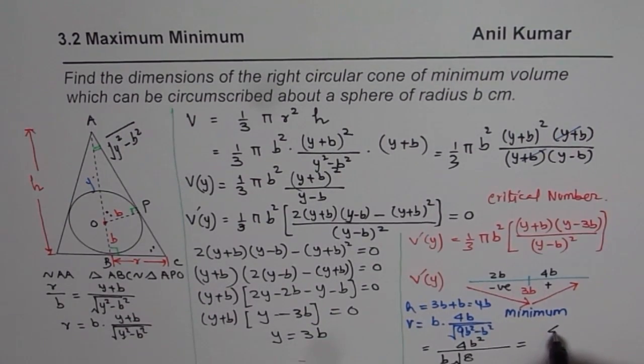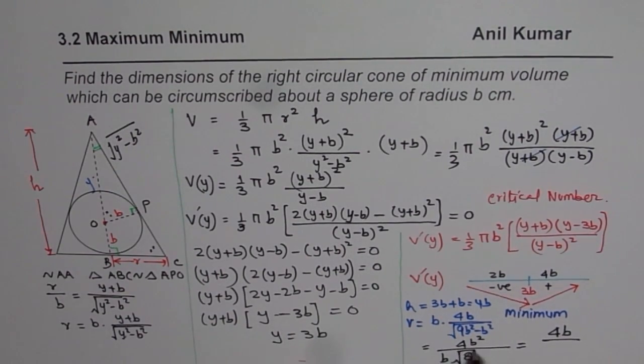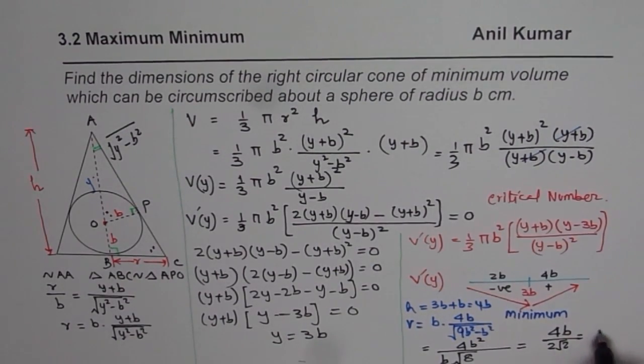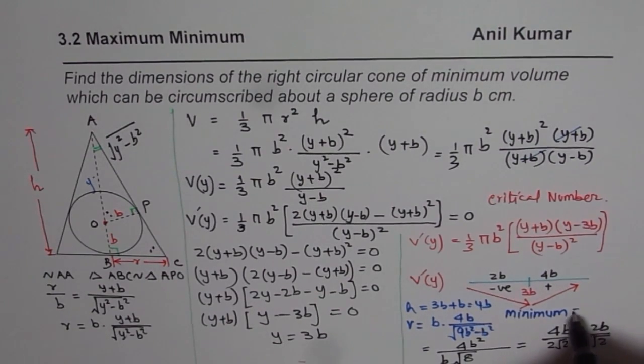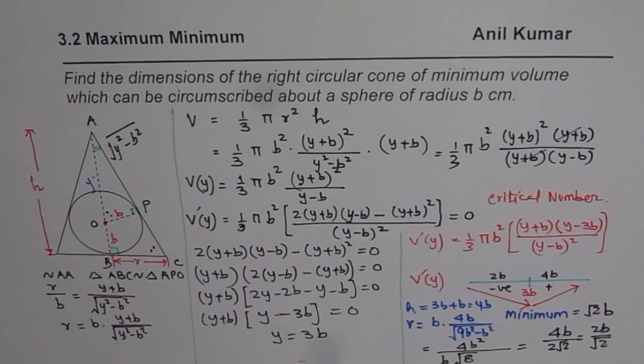So it becomes 4b over the square root of 8, which is 4 times 2, so we can write 2 square root 2, and that gives me 2b over square root 2 as the answer, or square root 2 times b, right? So r is equal to square root 2 times b. So square root 2 times b is the value of r.